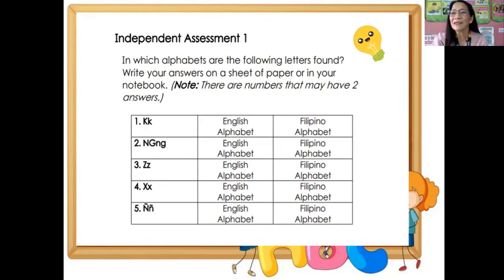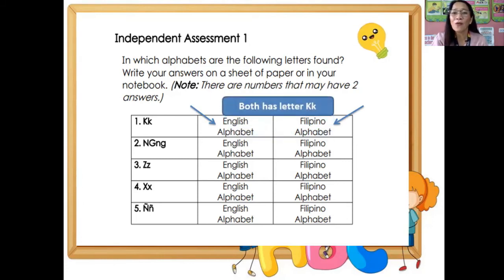Number 1 is letter K. Letter K belongs to the English alphabet and also to the Filipino alphabet. Both have letter K, in English and Filipino. Continue answering from number 2 to number 5.